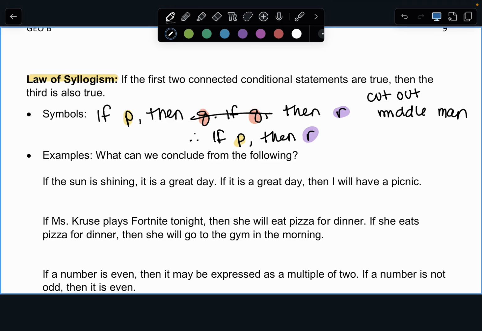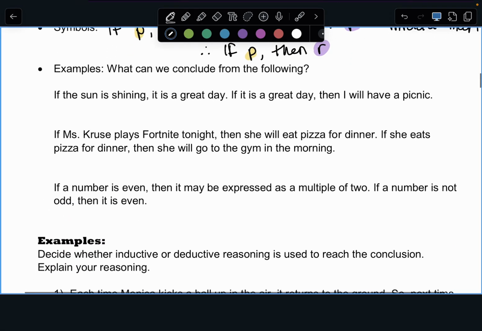So this one's really crucial that we label P, Q, and R. We now have 3 statements, 3 colors we're going to use. So, let's do an example. If the sun is shining, so the sun is shining will be P, then it is a great day. Is that something new or is it the same thing as the sun shining?